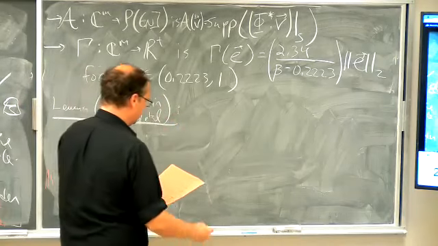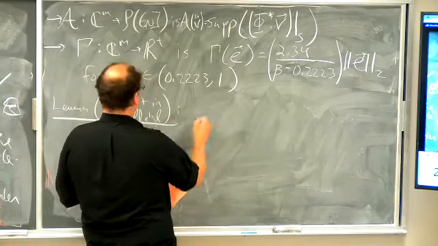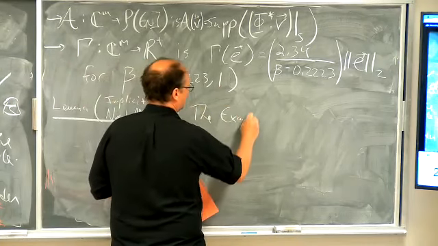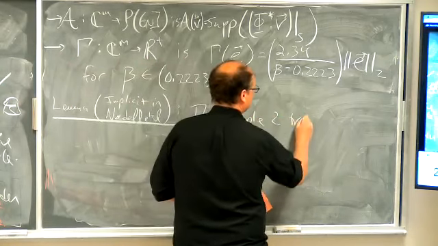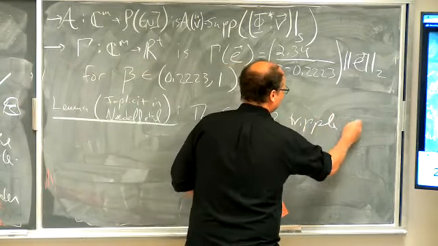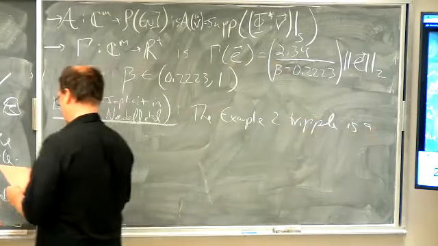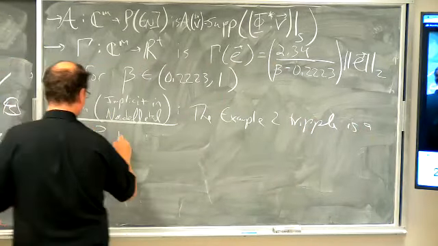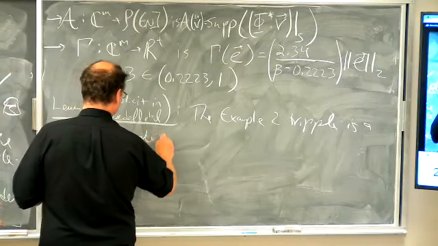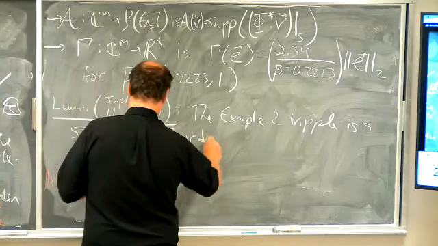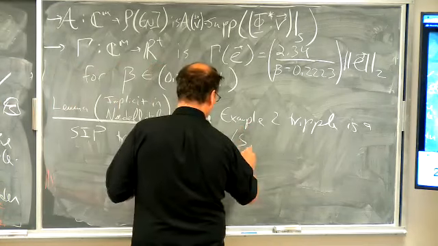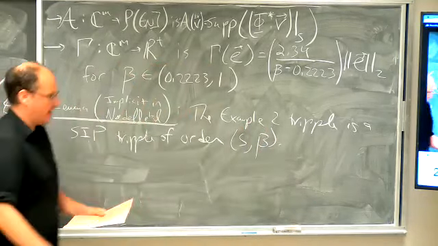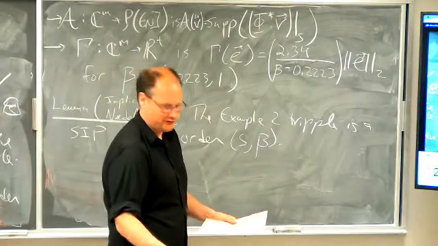And it says effectively this triple, the example 2 triple, is a SIP triple of order S beta. And it's a reasonably efficient SIP triple.